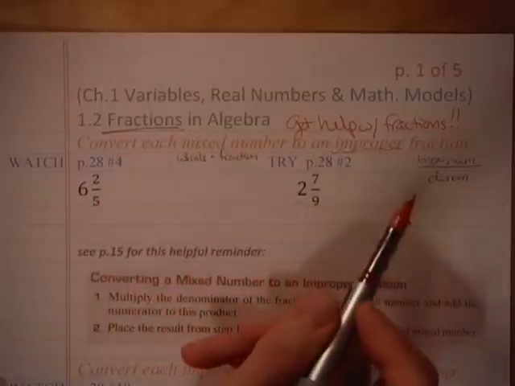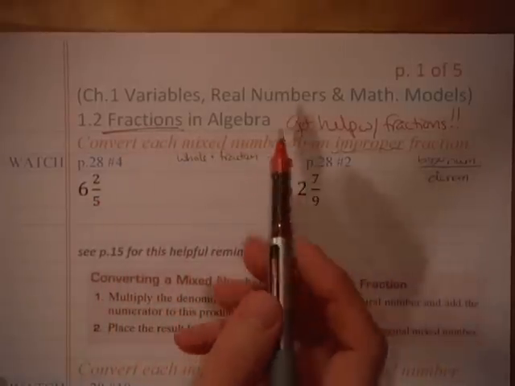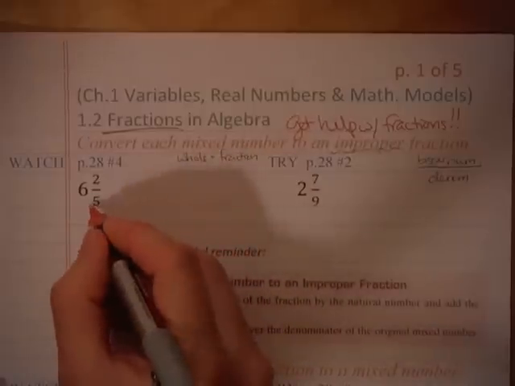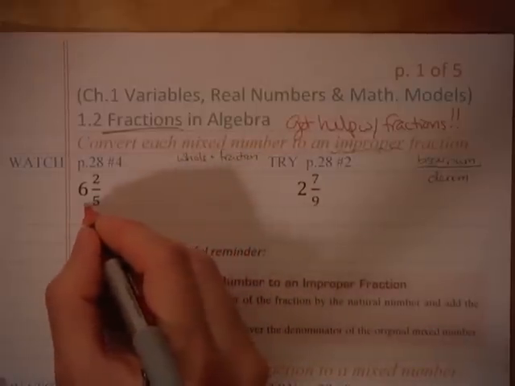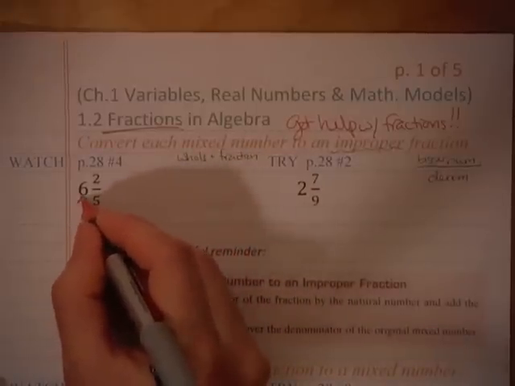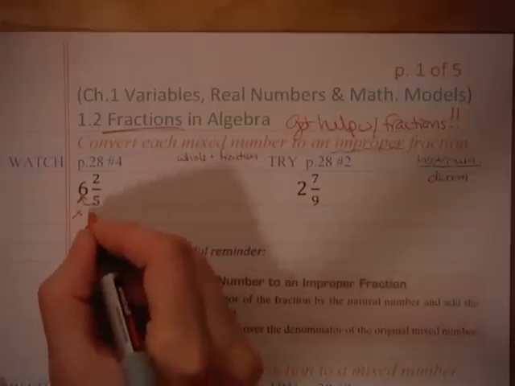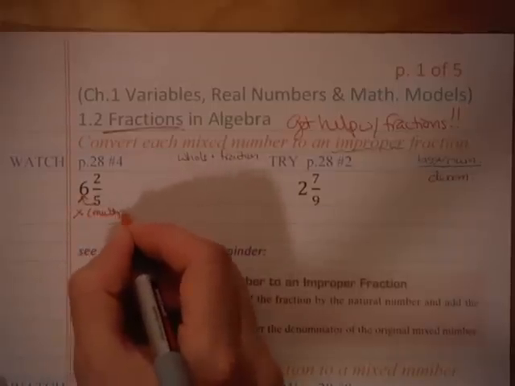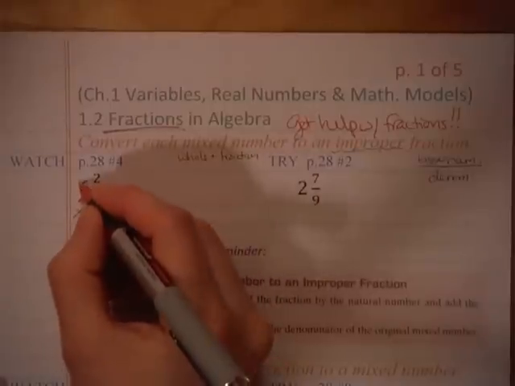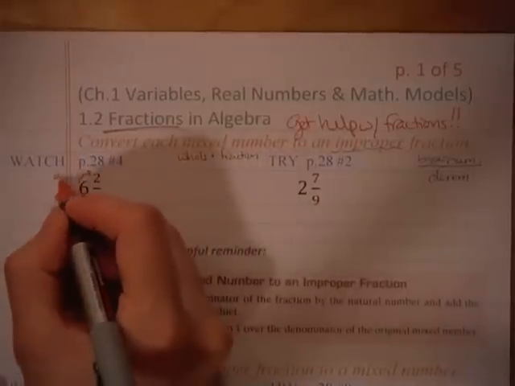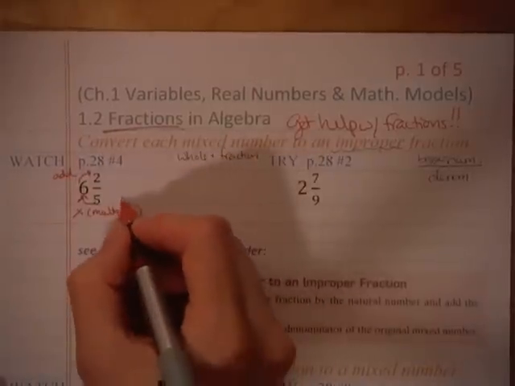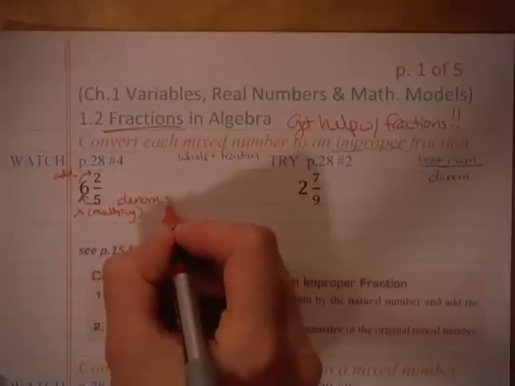When you convert a mixed number, the steps that you want to take, I like to think of it as kind of a traveling path here. From the 5 to the 6, we're going to multiply. And then we'll move from that result up to the 2, and we're going to add that. Okay, and the denominator stays the same.